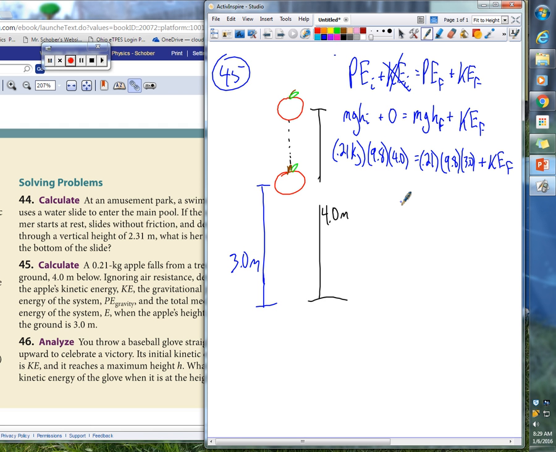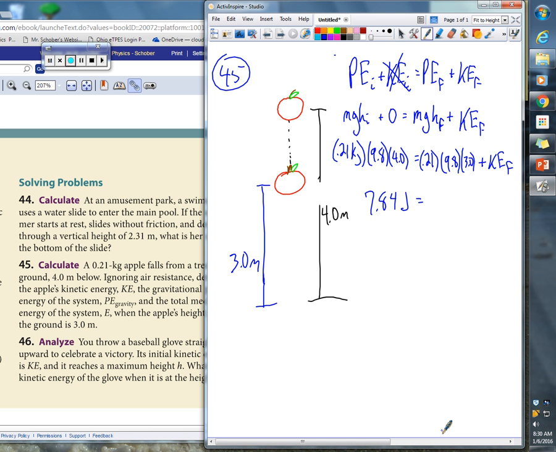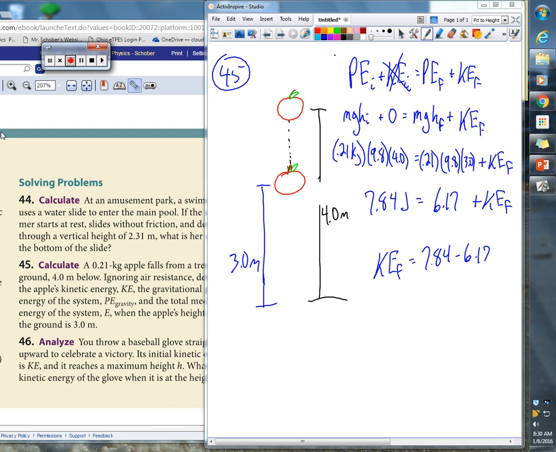So 0.21 times 9.8 times 4. So we have 7.84 joules is equal to 0.21 times 9.8 times 3, 6.17 plus KE final. Okay? So KE final is equal to 7.84 minus 6.17. Quick correction there, it was 8.23. 8.23 joules.